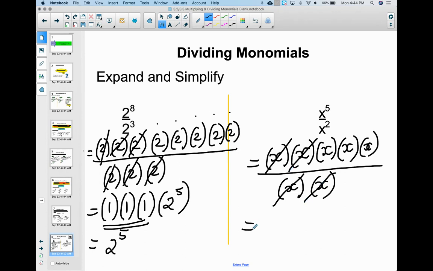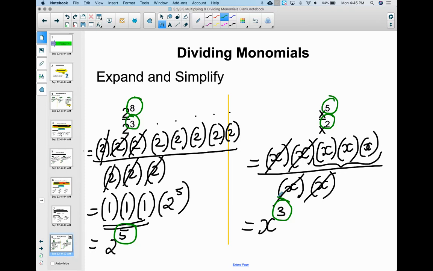Anything multiplied by 1 is itself, and what is remaining is x to the power of 3. Once again, do you notice any pattern with the exponents that are given in our question and what we end up with as the answer?